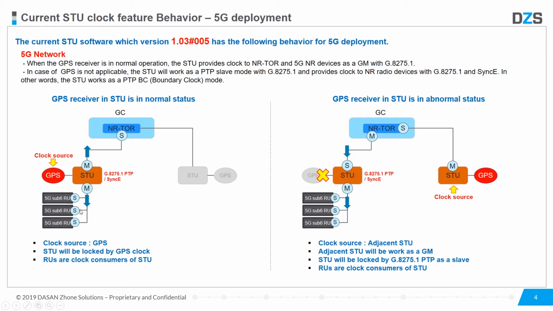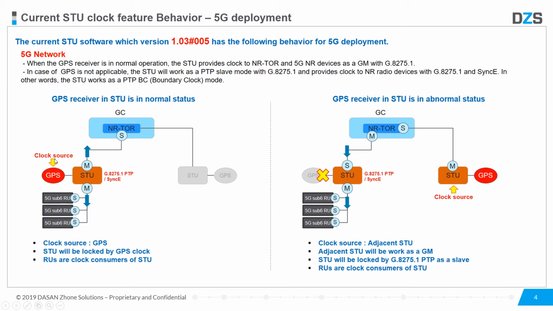From this figure, the clock source becomes GPS, since the STU initially uses the primary clock as GPS. By the signals received from GPS, the STU will be locked in the clock state.